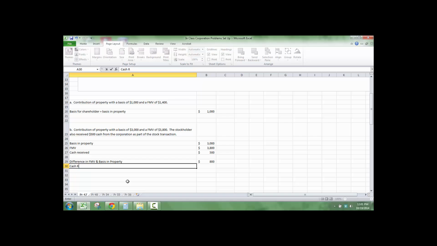So then we take the cash received, and so gain to be recognized is the lesser of the difference in fair market value and basis, or cash received. So it's the lesser. So this is the gain to be recognized.